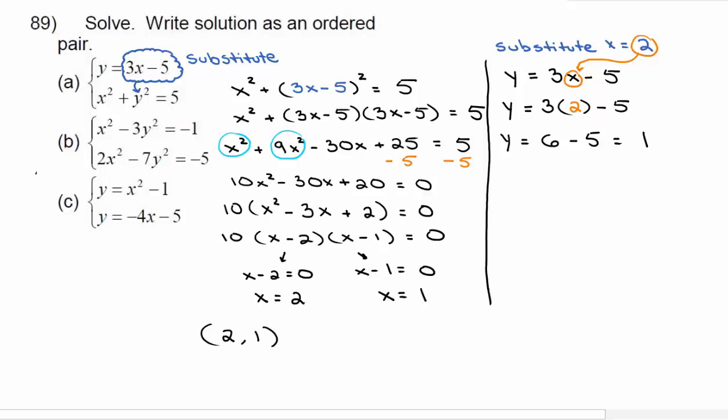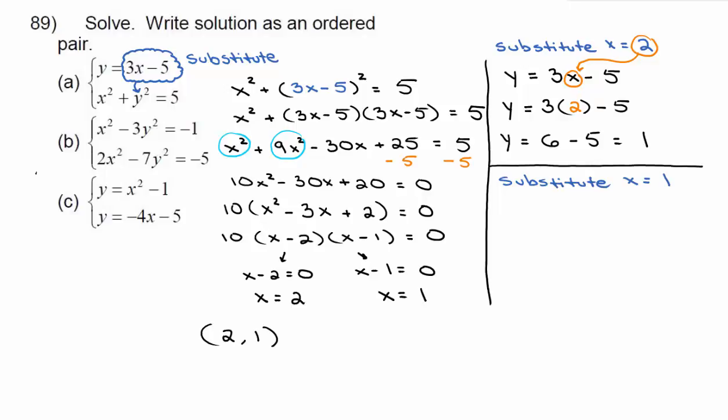Now we need to find our second ordered pair. So now I'm going to substitute x equal to 1 into that same equation. So we're going to get y equals 3x minus 5, but instead of x, we're going to substitute 1.